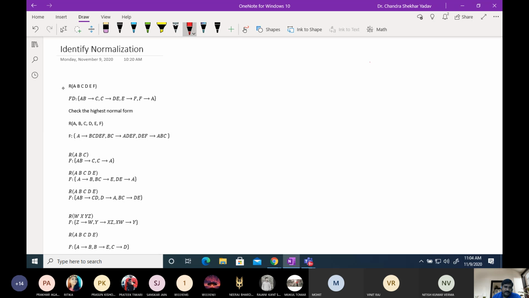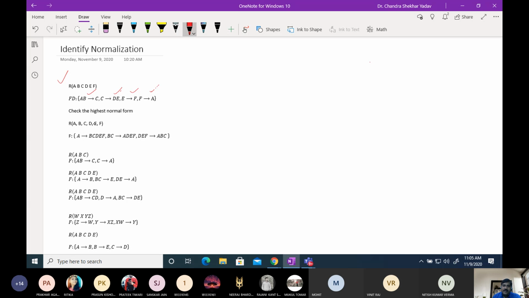In this question, relation R consists of attributes A, B, C, D, E, F, and functional dependencies AB determines C, C determines DE, E determines F, and F determines A. Check the highest normal form.